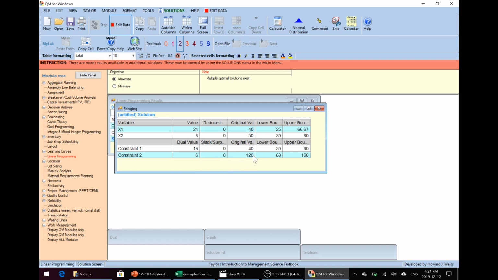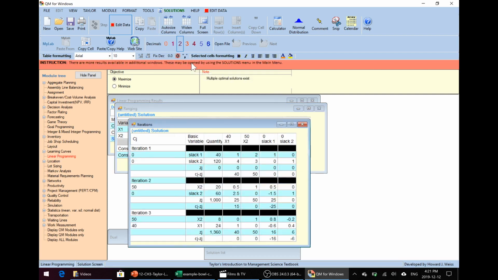And the original values are 40 and 120. And the lower bound and upper bound of these resources. So this is interesting. It also shows the iteration in simplex method, since we have not done the simplex method, but it shows the ranges, the iterations as well.